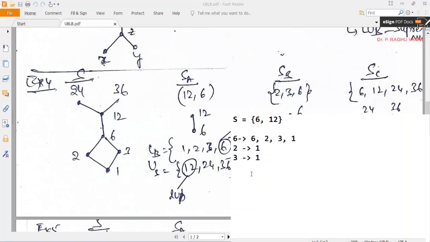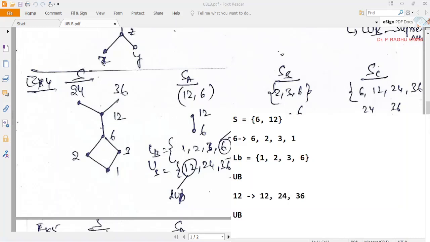So here we are going to consider from 6. 1 and 2 are not included in this set. Hence the lower bound is like this: 1, 2, 3 and 6. Coming to the upper bound, for 12, from 12 you can reach 12 and also 24 and 36.